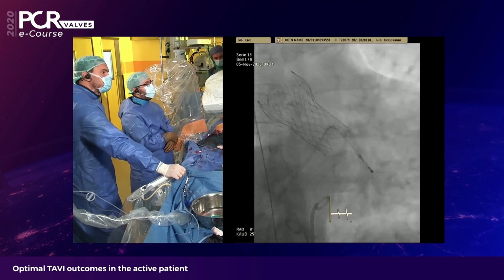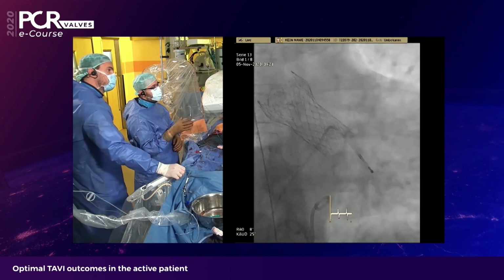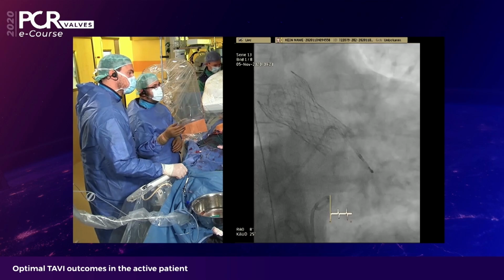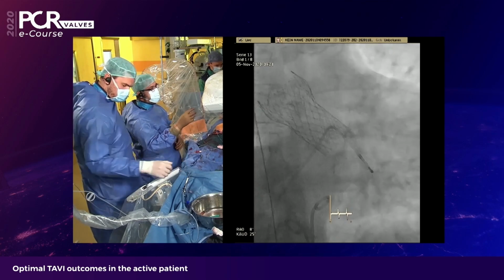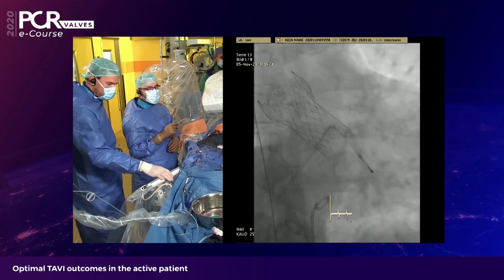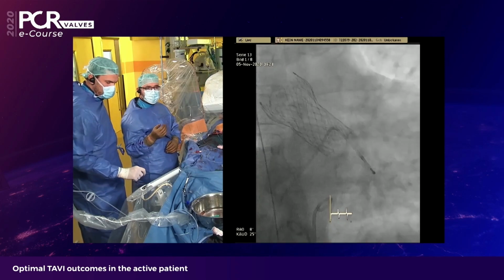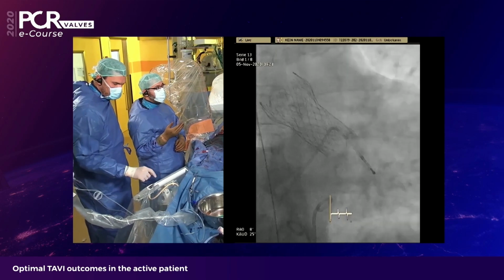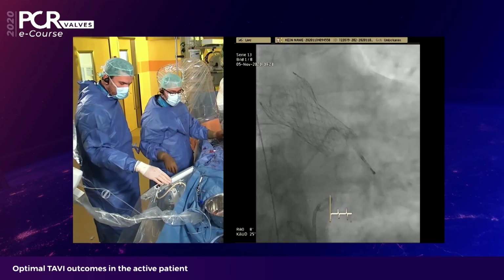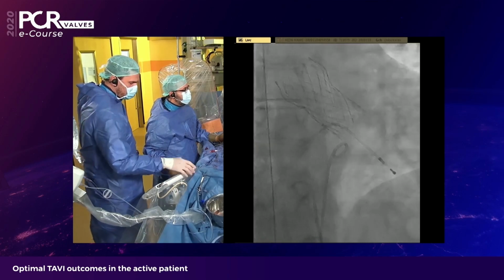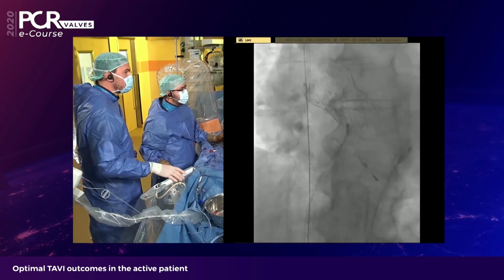So I think, at least fluoroscopically, we should have good commissural alignment here. This is, again, the cusp overlap or non-coronary side view. And you can see here that the C-tab is located on the right side of the monitor, which is exactly where the commissure between the right and the left coronary cusp should be in this view. So again, I do think that we could have a very nice commissural alignment in this case.